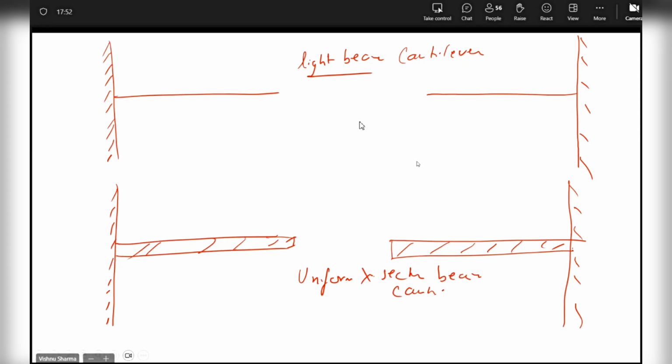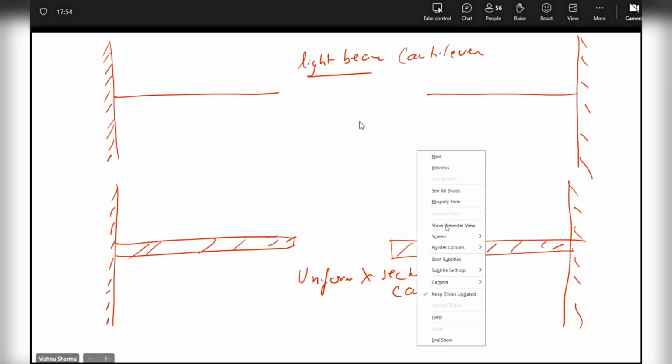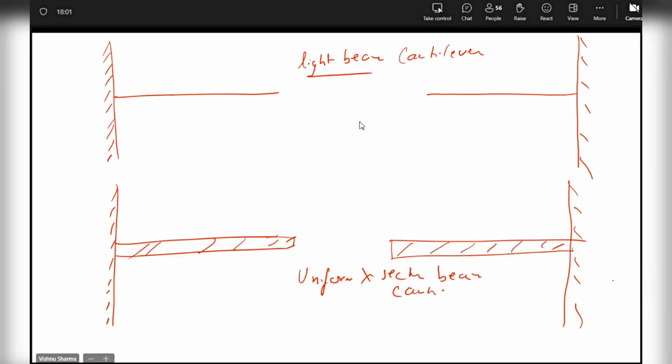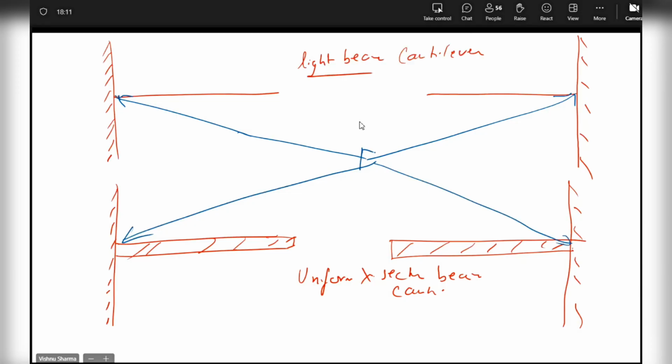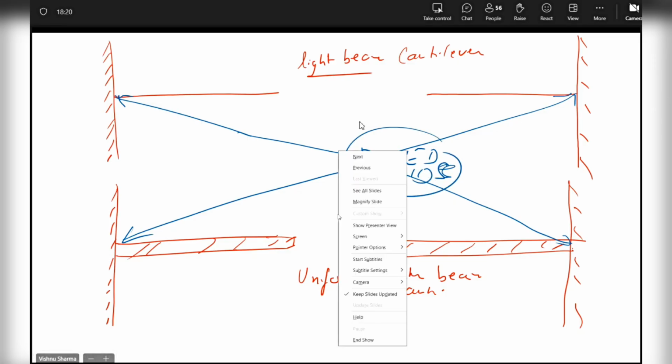Now in this, guys, the ends which are fixed are called fixed ends. The ends that are fixed, that means this end, this end, this end, this end, they are called fixed ends. Okay, whichever they are, right? Fixed end. Okay. The end which is not supported is called a free end.